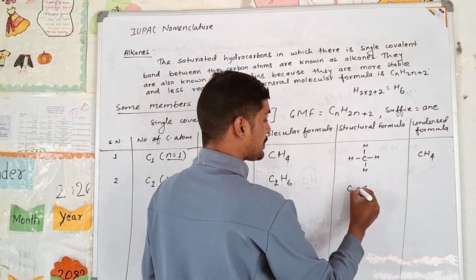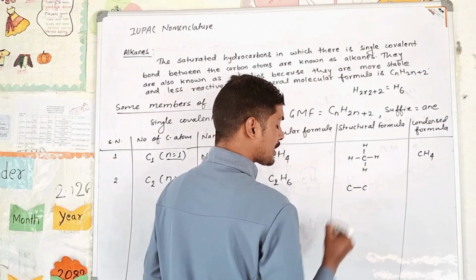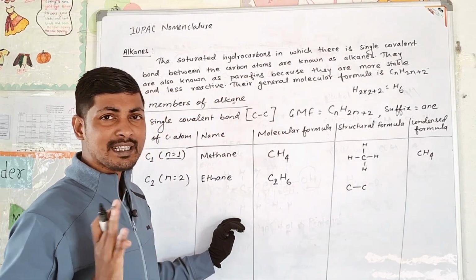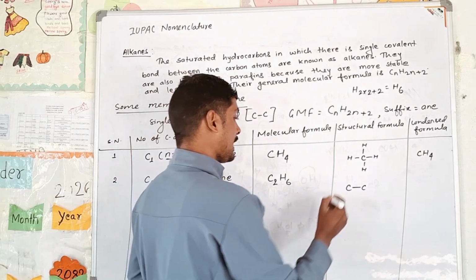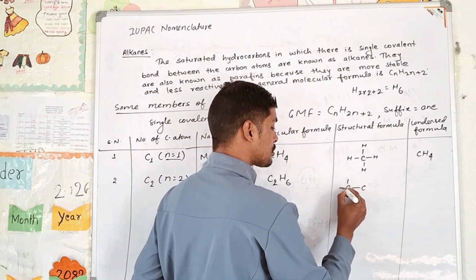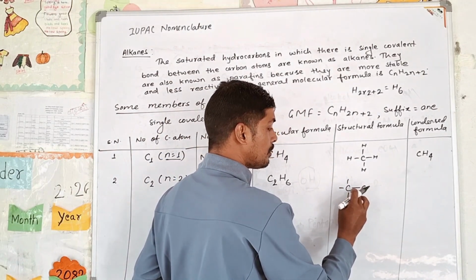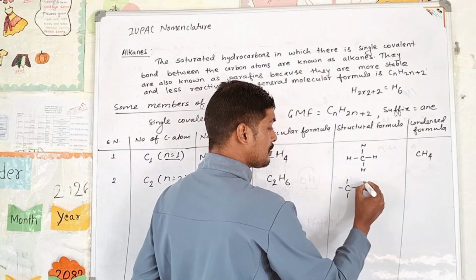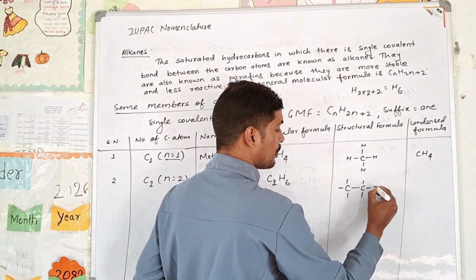Now you make 2 carbon atoms. First of all, between the 2 carbon atoms, place a single covalent bond and complete 4 bonds around each carbon atom. Like here we have 1, 2, 3 and this bond, total 4. In the second carbon also 1, 2, 3, 4.